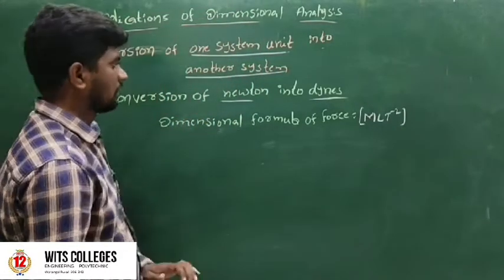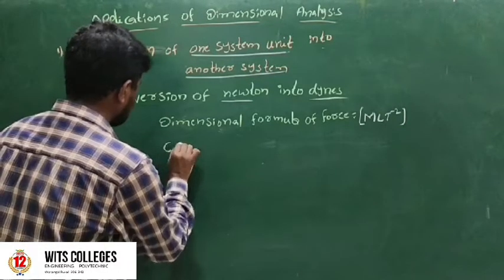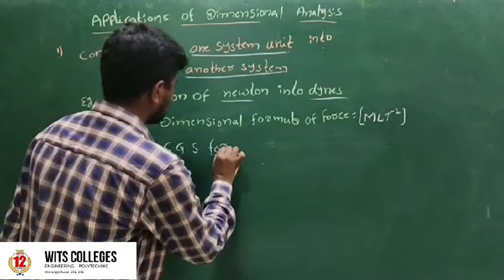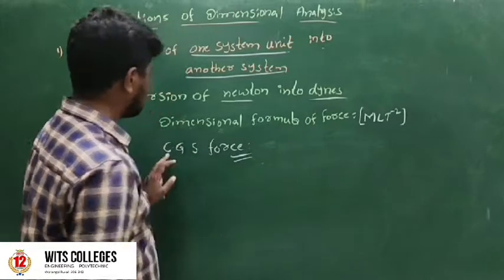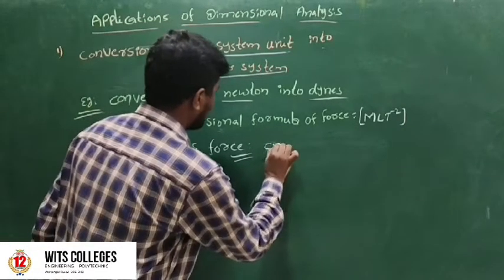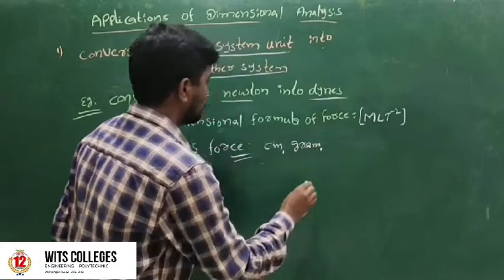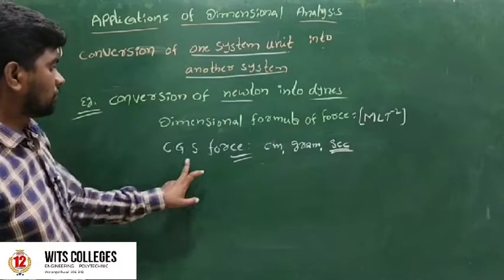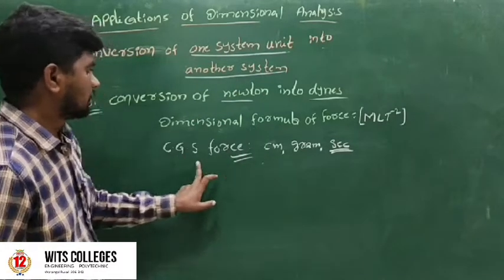Next is the CGS system. In the CGS system, C stands for centimeter, G for gram, S for second.